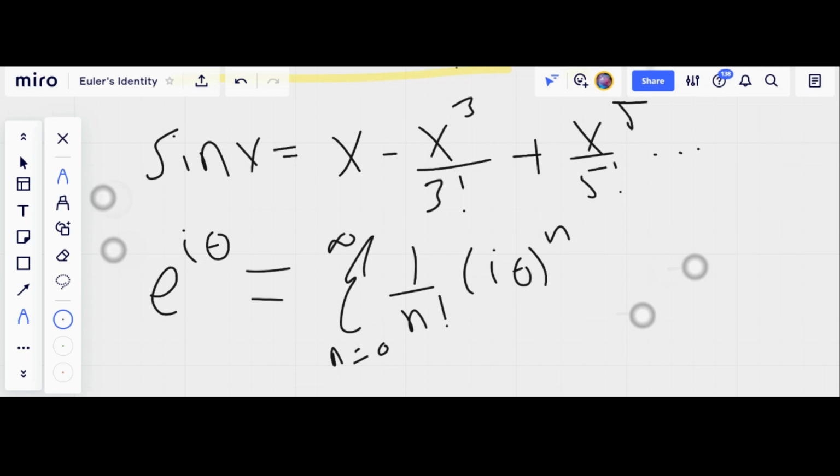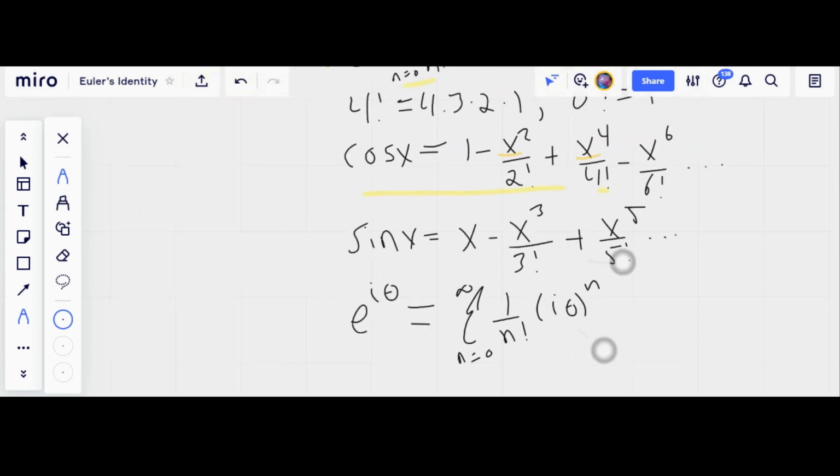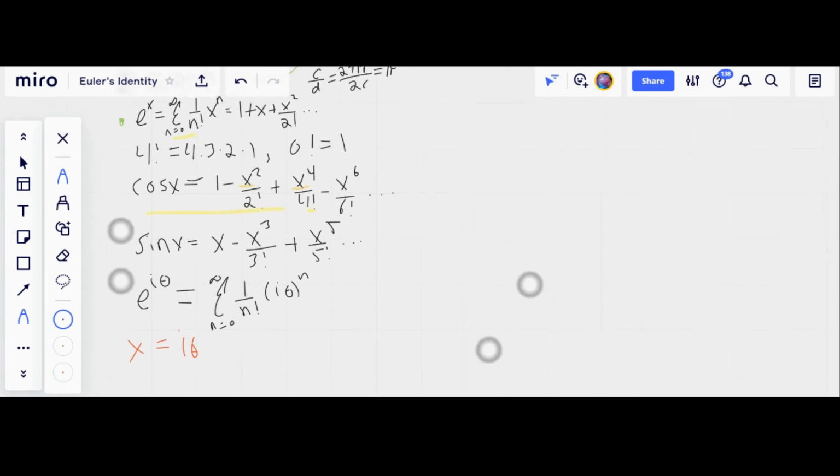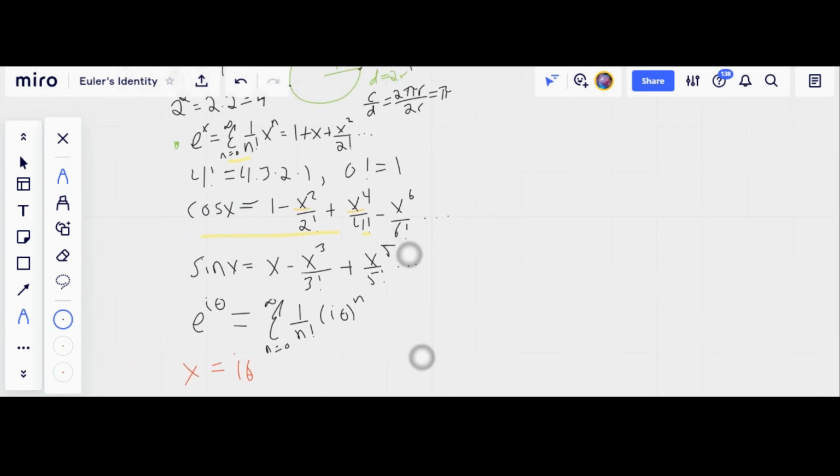As you can see, we just substituted i theta for x. So right here, we're just taking x to equal i theta. All right. So let's go ahead and write out these terms for this equation down here.